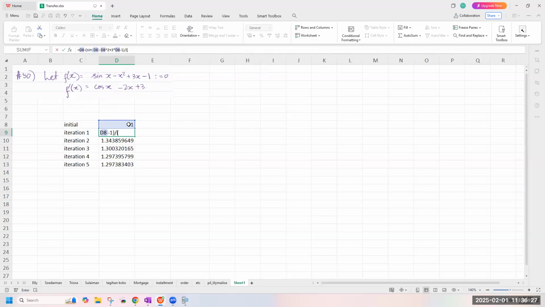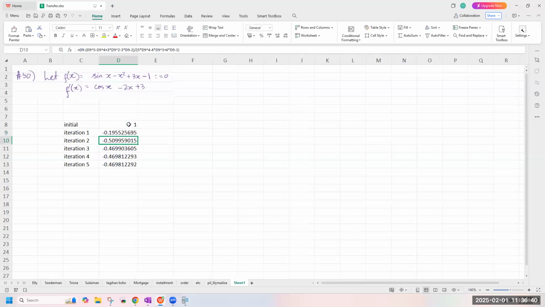Divided by f prime of x, which is cosine x minus 2 times x plus 3. Now I need to copy this function.